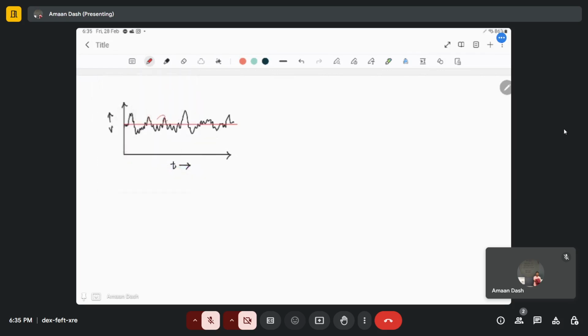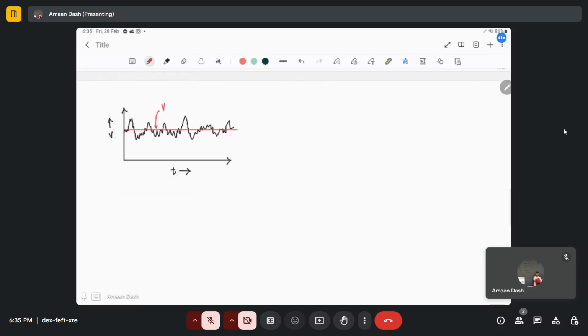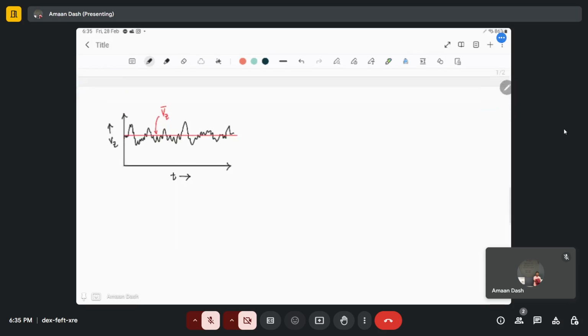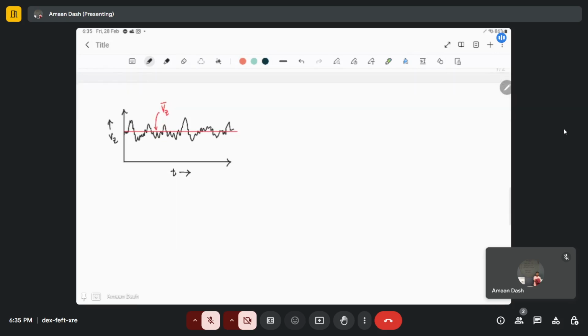So this is, let's say, v. Let us consider this as vz, so vz bar, and we have fluctuating components. Let us define something like this.